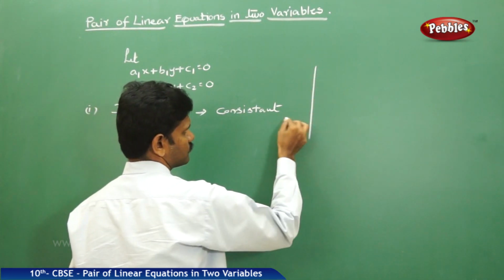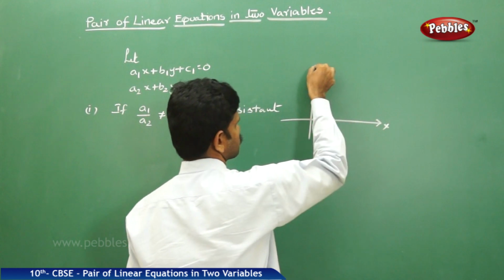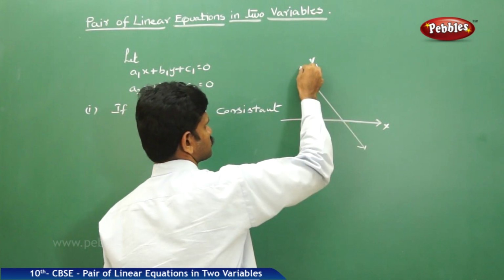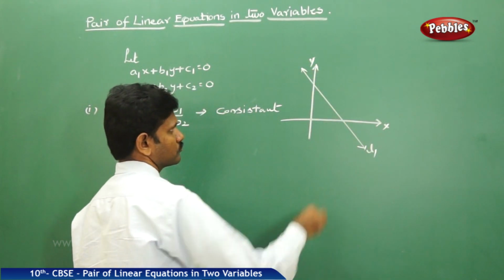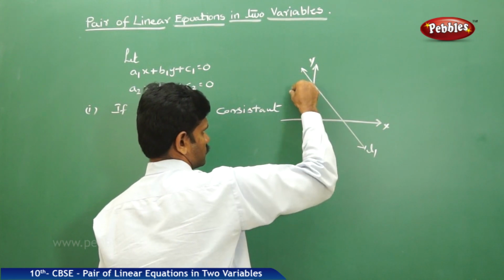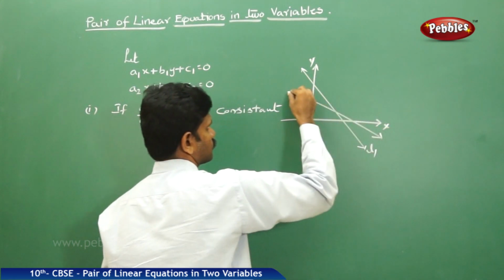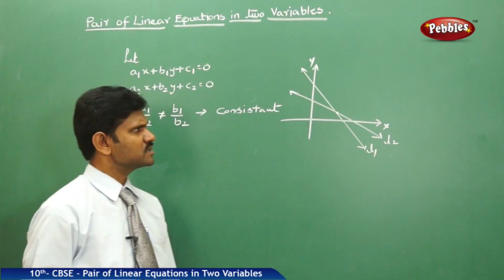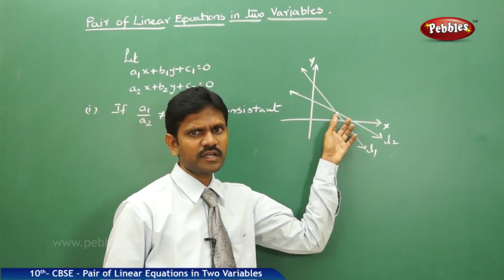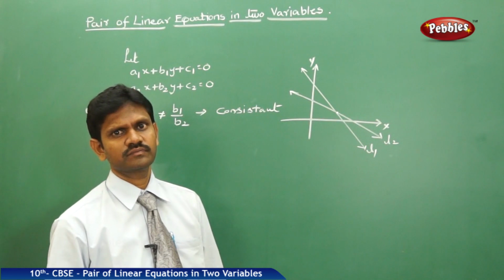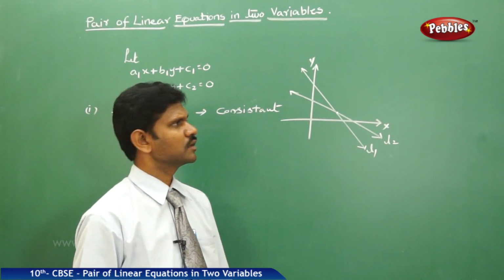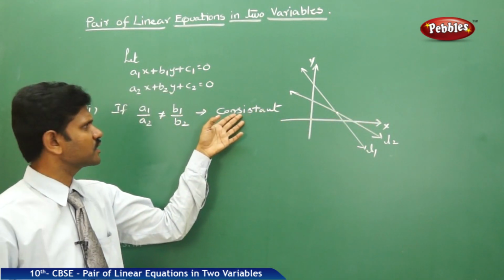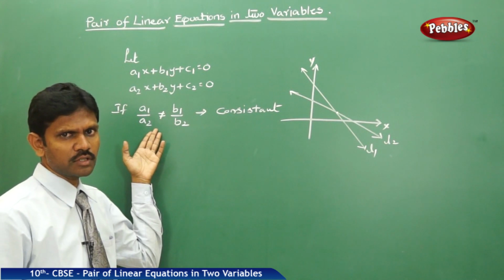Let us suppose, for example, this is the line L1. Next, the line L2. Consistent means they have at least one solution, that is a unique solution. Unique solution is different from at least one solution. When the two lines intersect each other, the lines are called consistent.